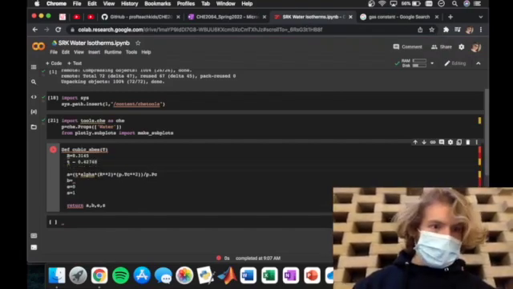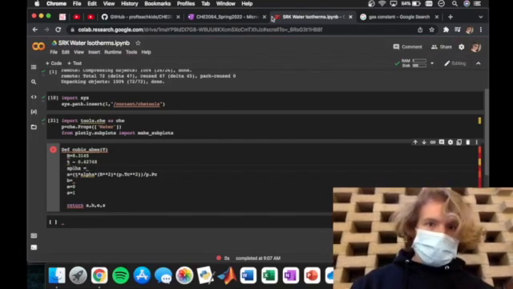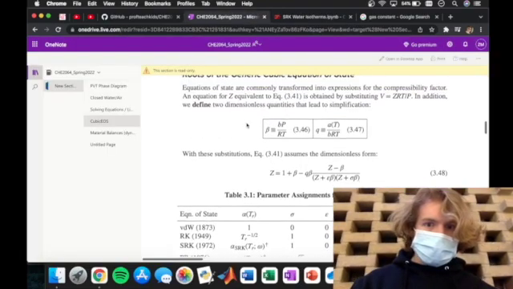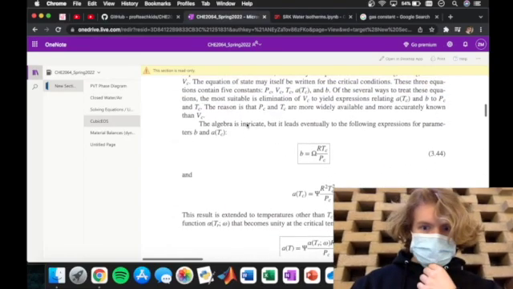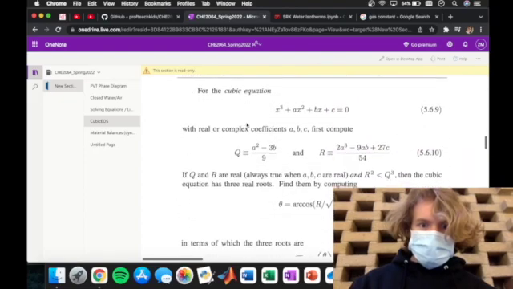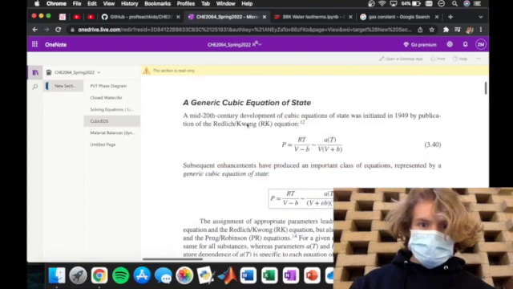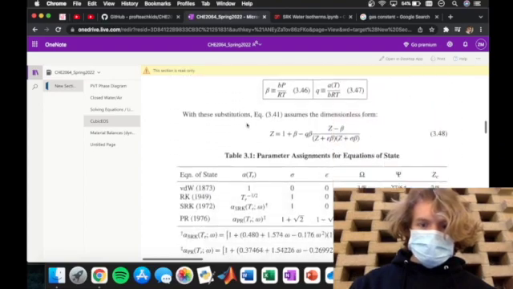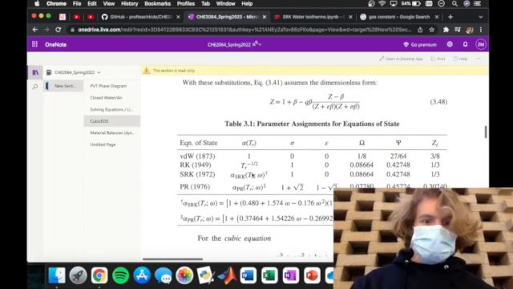Alright, now we need to figure out what our value for alpha is. Let's see here. Here we go, it's right here the whole time.